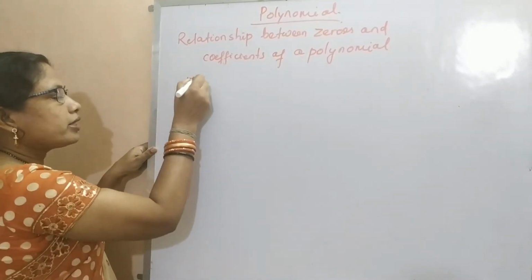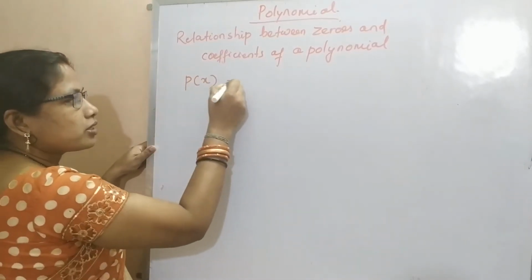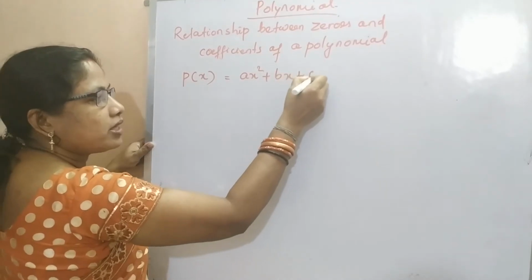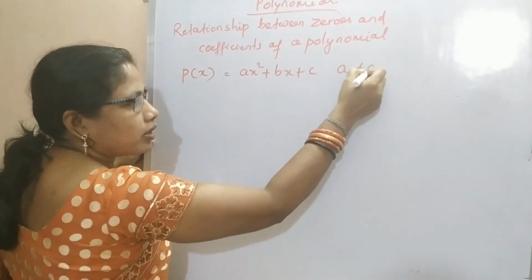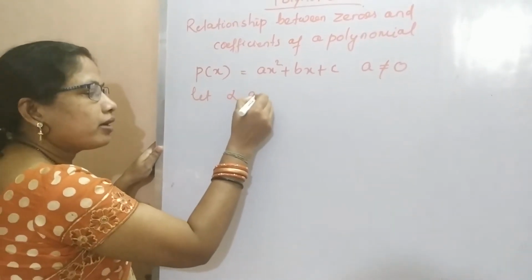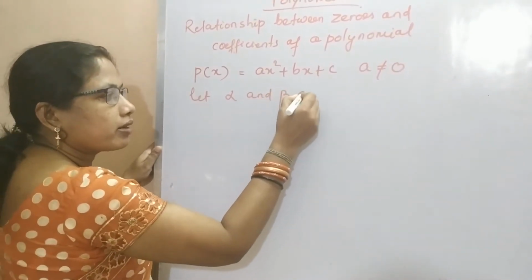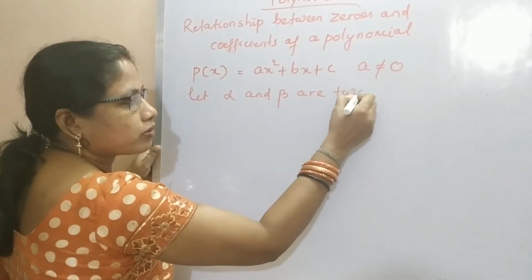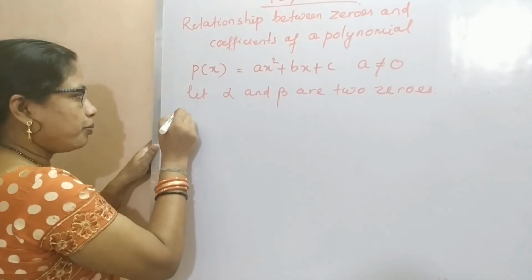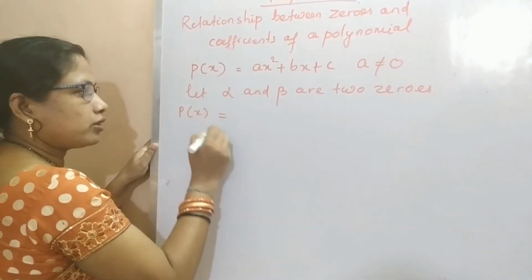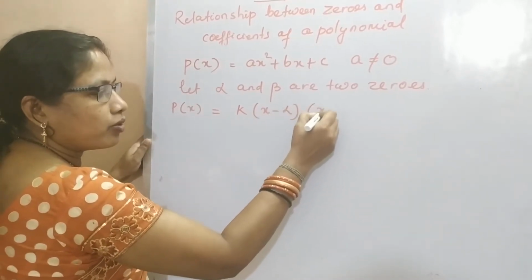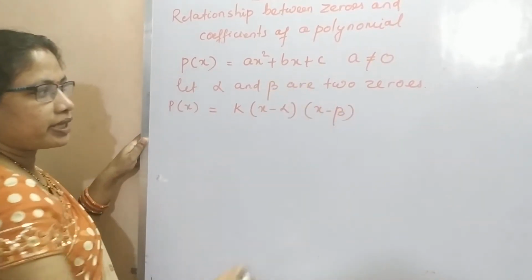What is a quadratic polynomial? Let p of x is equal to ax square plus bx plus c, where a is not equal to 0. So let alpha and beta be two zeros. So we know p of x is equal to k whole into x minus alpha whole into x minus beta.